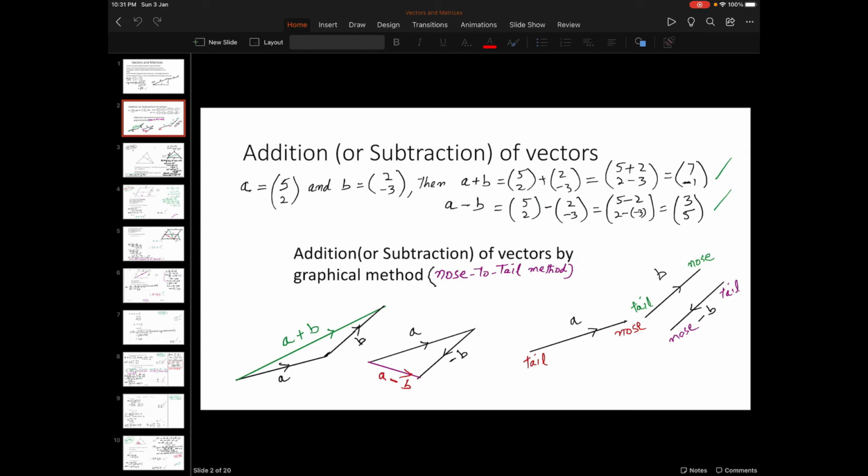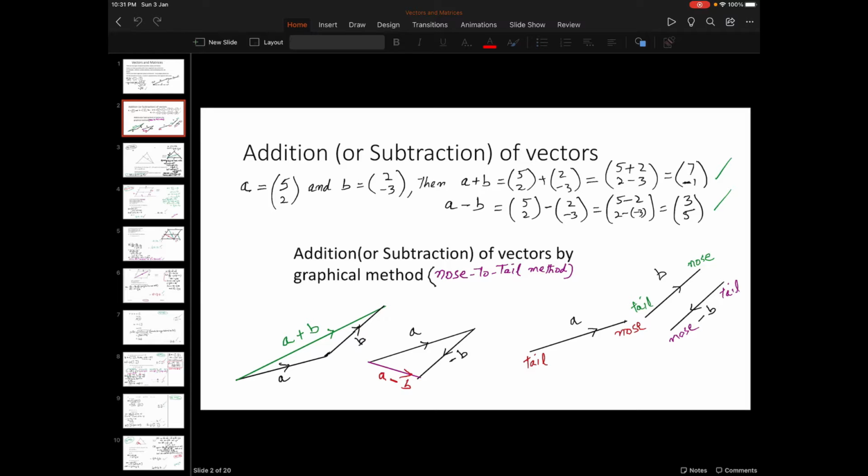Now how to add or subtract two vectors. Suppose you are given two vectors. Vector A is 5 and 2, which means the x value of vector A is 5 and its y value is 2. And the vector B has x value 2 and y value negative 3. Now we are going to add vectors A and B. So A plus B is equal to 5 plus 2.